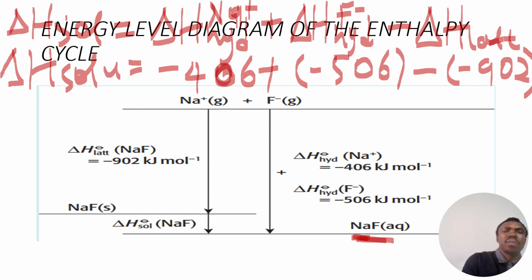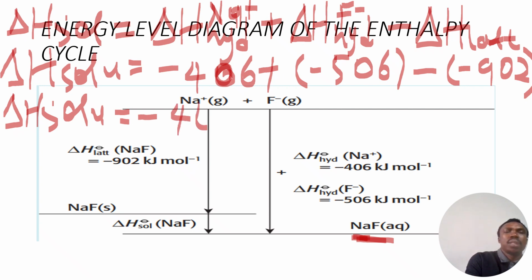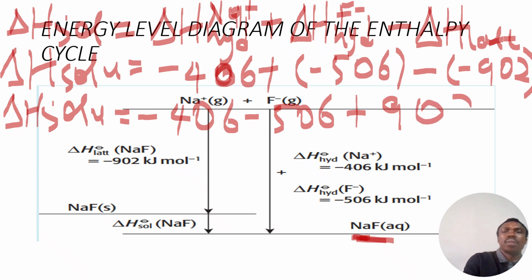So the enthalpy change of solution will equal minus 406, plus times minus is minus, minus 506, plus what? Minus times minus is plus 902. So if we are to calculate, let me use my calculator now.